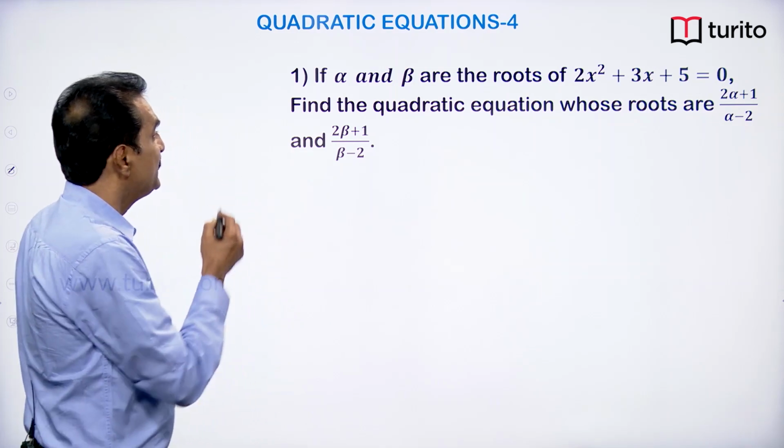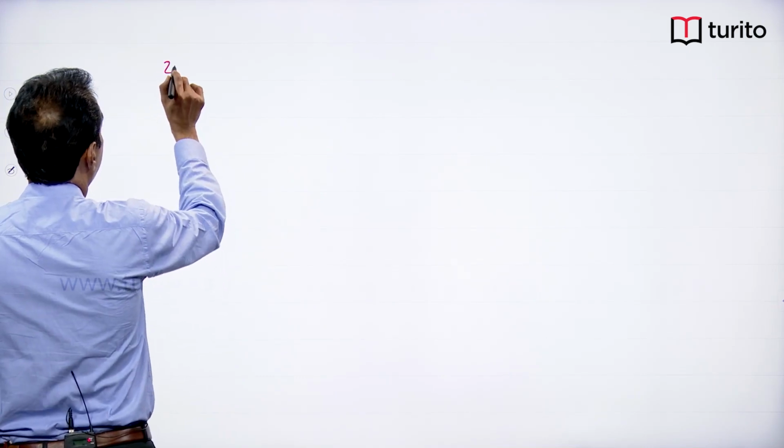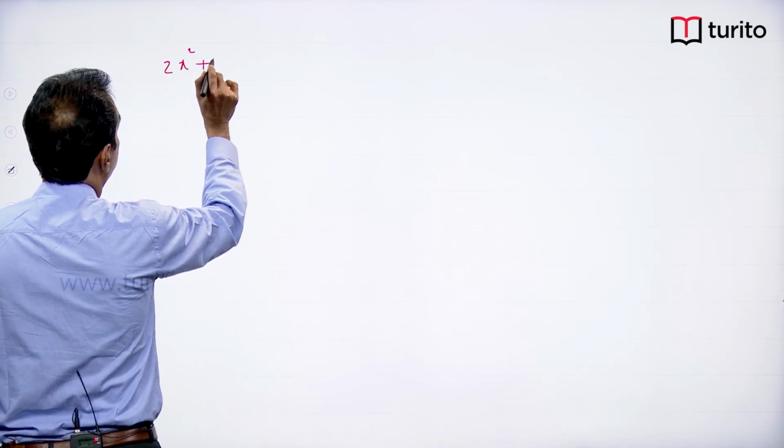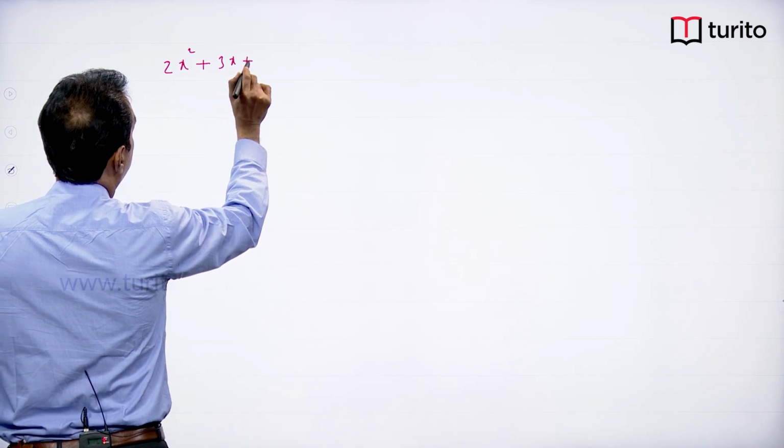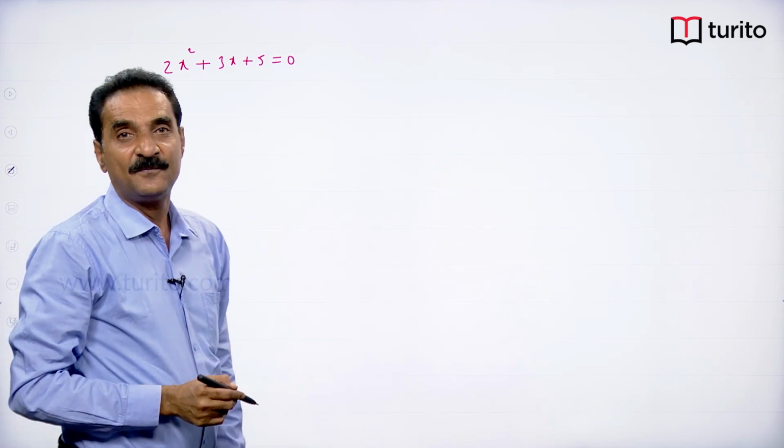Okay. Here let us write the quadratic equation 2x square plus 3x plus 5 is equal to 0. Its roots are alpha and beta.